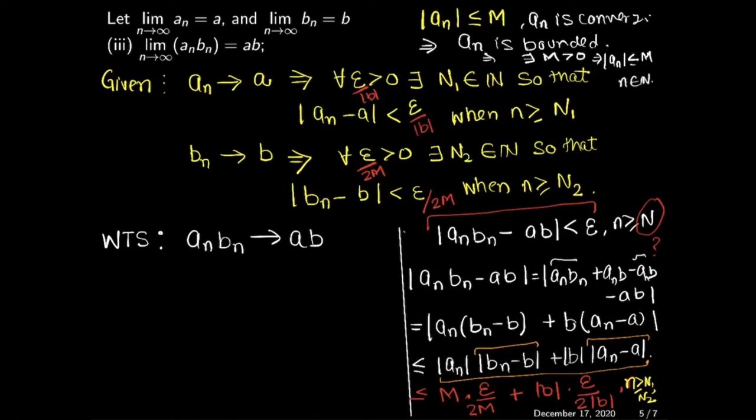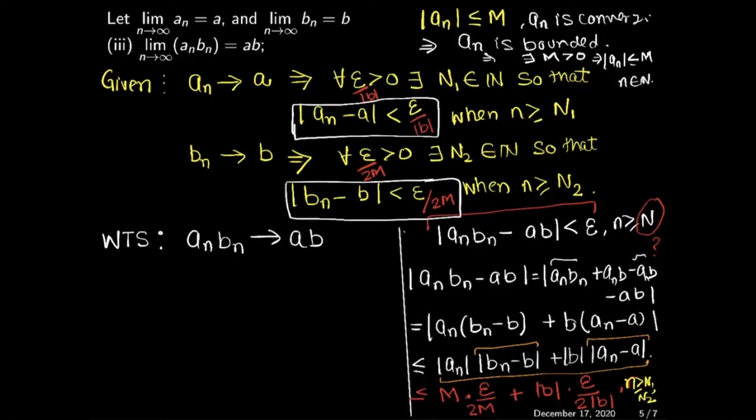It's not just true for when n is bigger than n1 or n2, it's true for all values of n. So now we have this inequality, and also we have this inequality, and this inequality is true for all values of n. And after having these inequalities, I can write down the proof.